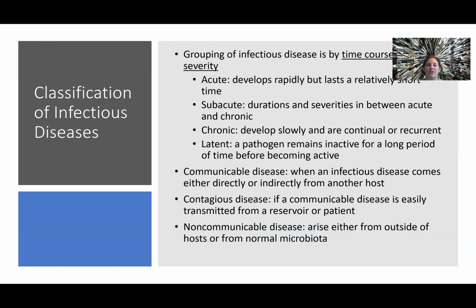All contagious diseases are communicable, but not all communicable diseases are contagious, okay? A contagious disease is when you can easily transmit it from a reservoir to a patient. A non-communicable disease arises either from outside of the host or from the normal microbiota. So you don't have to worry about catching a non-communicable disease from someone else.